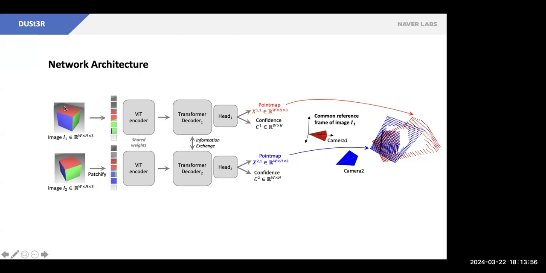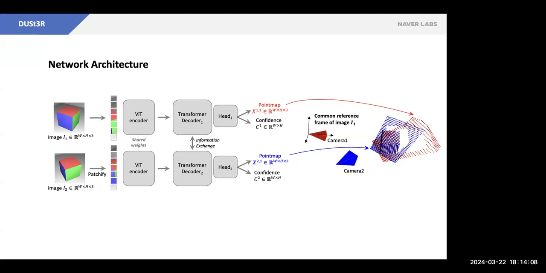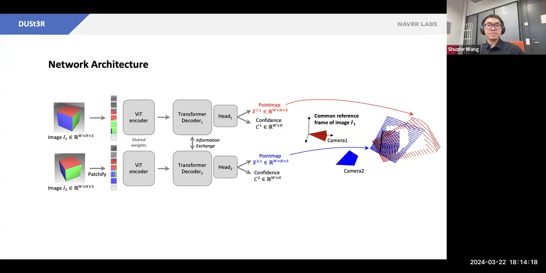Okay, so by point map, you mean that you predict the XYZ location of each pixel. Yeah. So here you have information exchange, which means you utilize the stereo information to estimate the locations of each pixel in I1 and I2. Yeah.